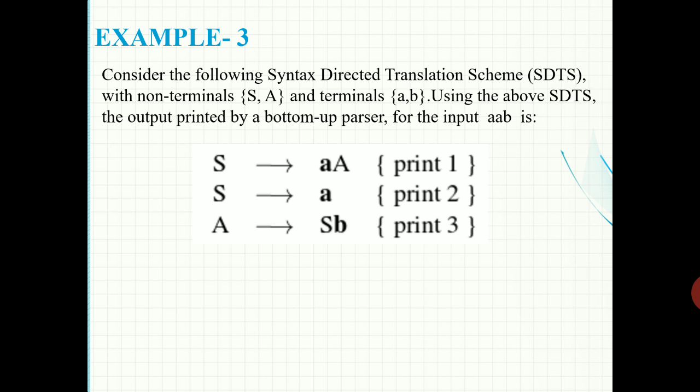There is one question that is asked in some GATE exam. Here you can see that we are attaching not semantic rules, we are attaching some actions. In the braces, print 1, print 2, print 3, these are all actions, not semantic rules.